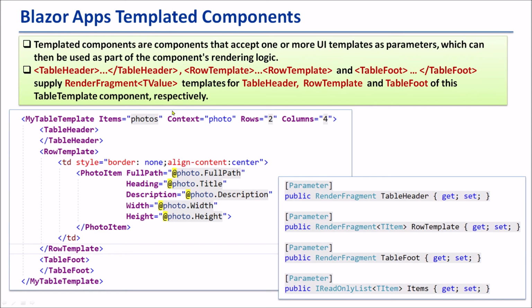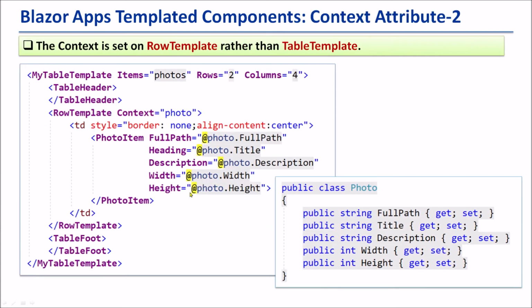Now I have called this context in my table template, namely at the template level. Actually, I also can call this inside the row template. For example, here I am not explicitly using it at the template level, but I am using it inside the row template because we are going to display elements inside the row template. Therefore, it is possible to declare this context element inside the row template.